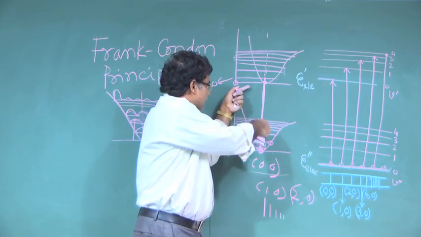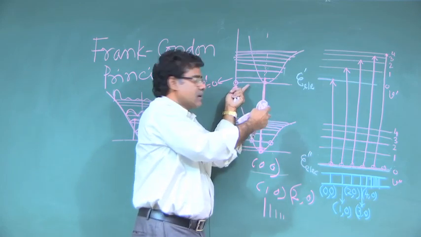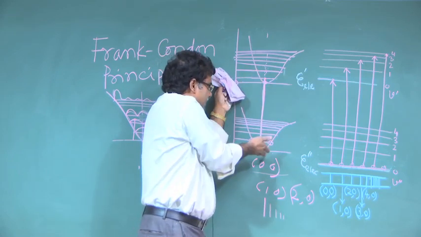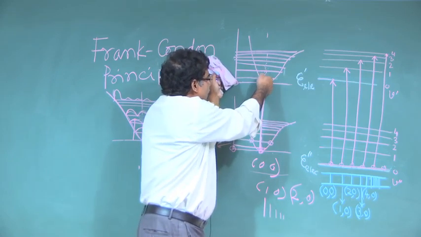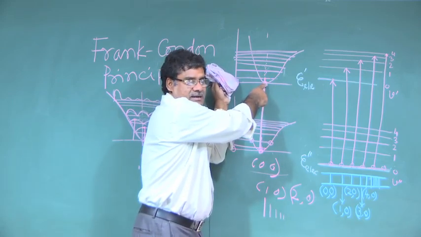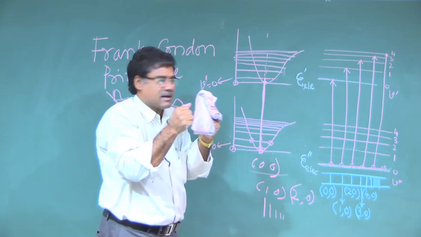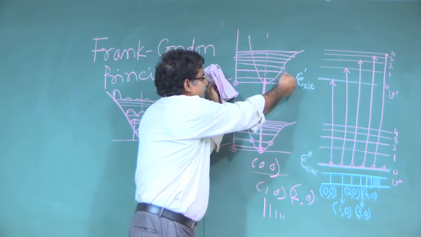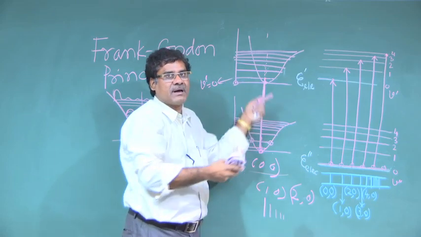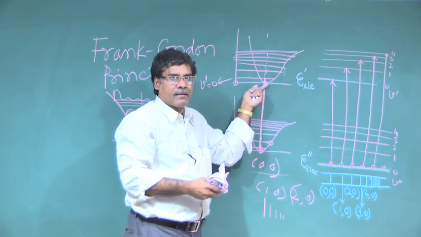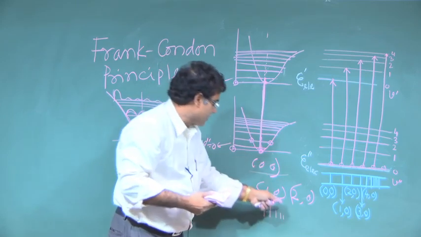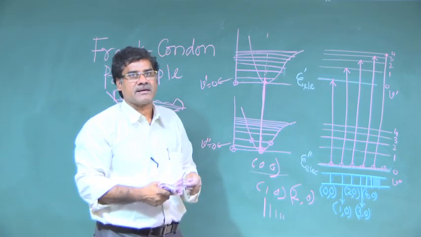If the situation is different, when the electronic transition happens, the atomic position or vibrational distance in the excited state is not this one, it is different, either higher or lower. Considering that, what will be the transition probability? In that case we will see that it is not 0-0, it may be 2-0 that is the intense line, okay.